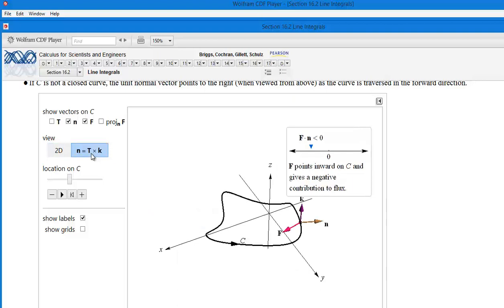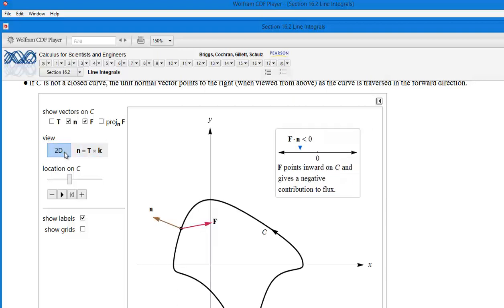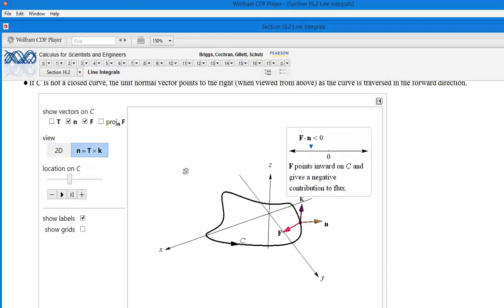Here's another view of this thing. Oh, okay. So here's, yeah, we had the 2D view, but the real picture is this, guys. So N, it says, is T cross K. Well, that makes sense. It's perpendicular to the unit tangent vector, but we're going to cross it with K, and that's what little n is. All right, let's move around. Nice.